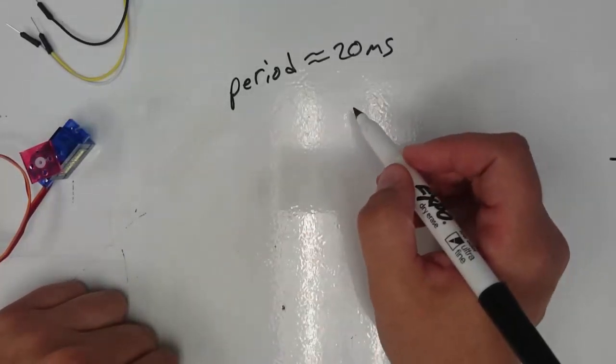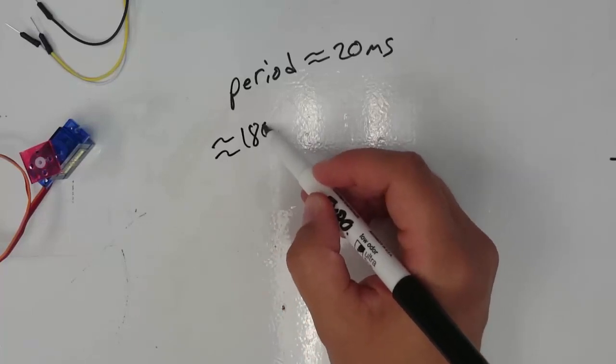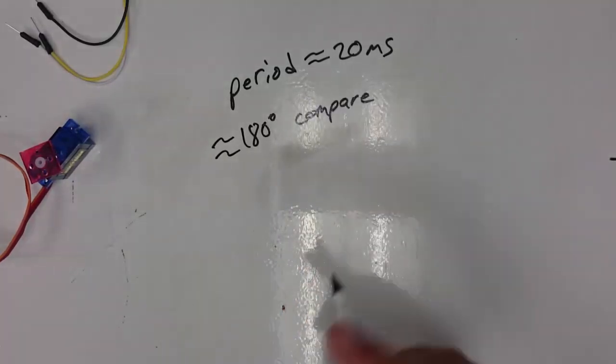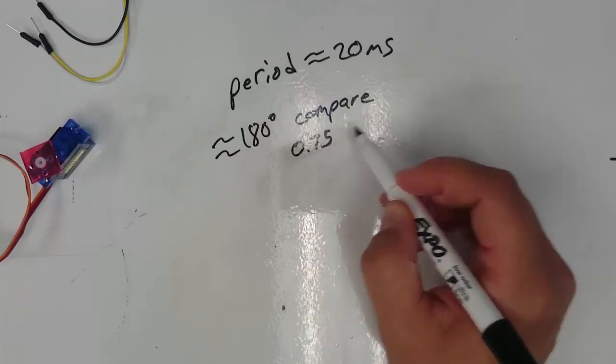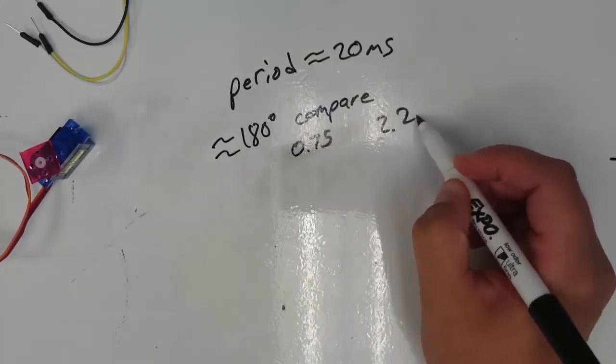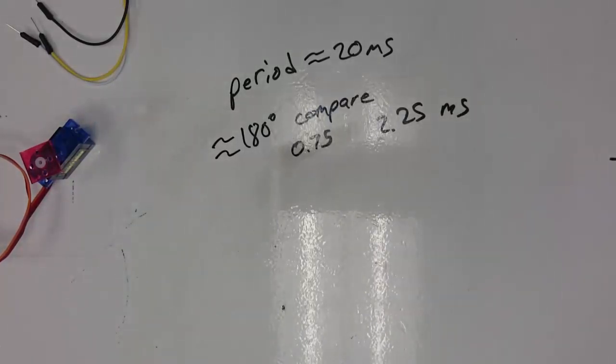Then the angle of the servo will rotate approximately 180 degrees while changing the compare value between about 0.75 and 2.25 milliseconds. Those are approximate numbers.